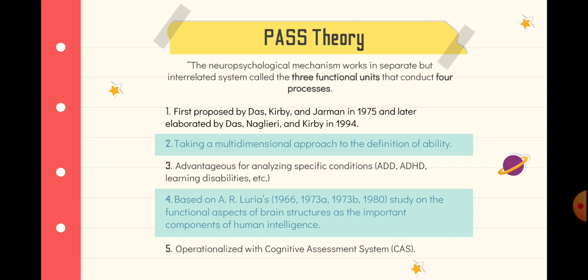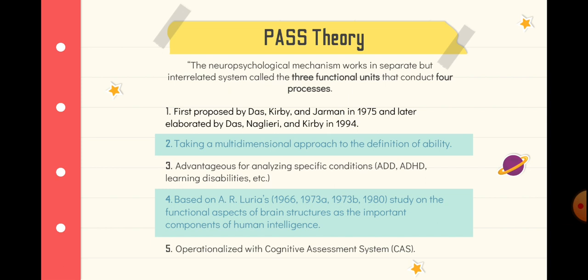If it's weak, then it means that they have this disability, or we can also discover the level of the disability that they have. So that's why it can be used to analyze specific conditions, because it focuses on cognitive processes rather than the general ability of intelligence.